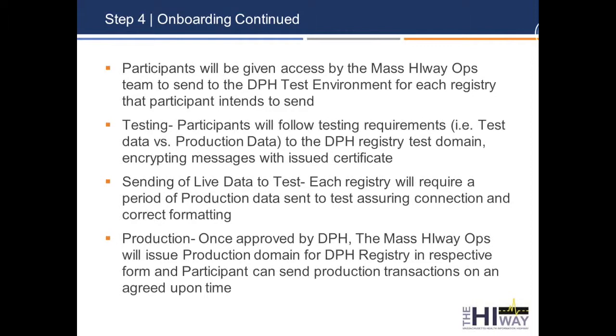Then we send data from your live environment to the DPH test environment, and the purpose of this is that we are focused on making sure that the feed is correct and everything is in the correct formatting, and we then move to production once the approval is given by DPH.